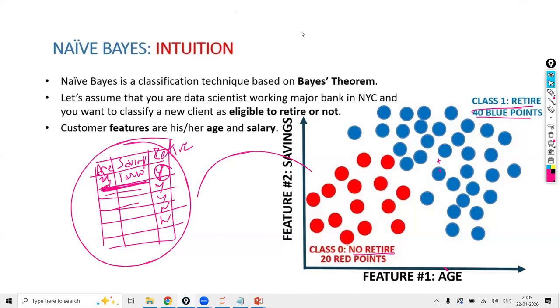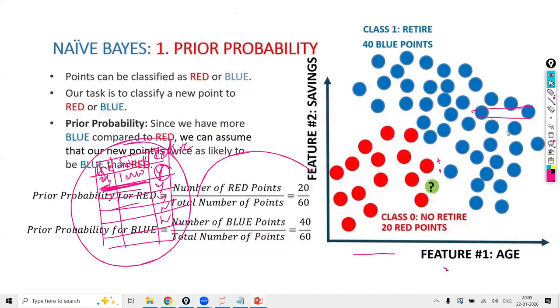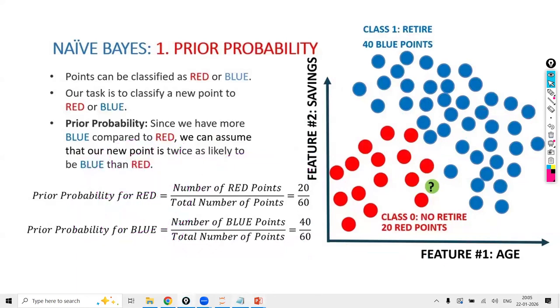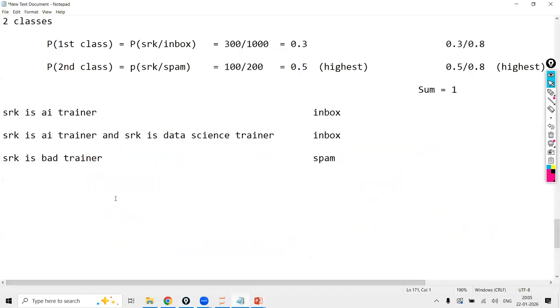Now everyone please make a note of Bayes theorem. This is one of the important topics in the certifications. So what is Bayes theorem? Everyone make a note of Bayes theorem. The Bayes theorem is nothing but prior probability and posterior probability.